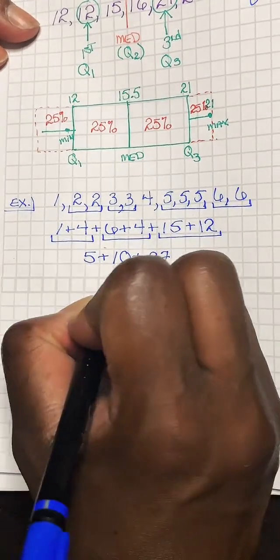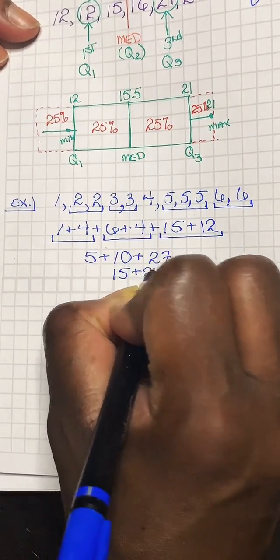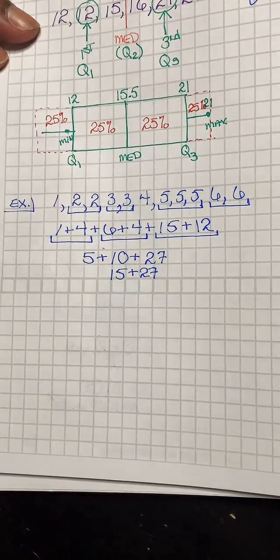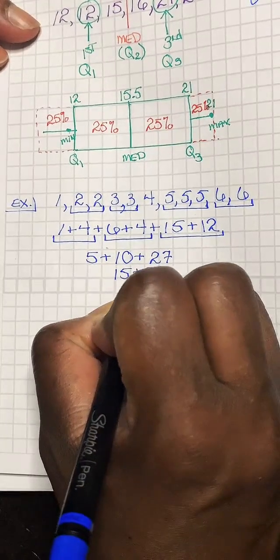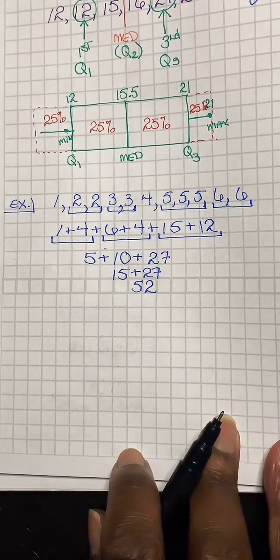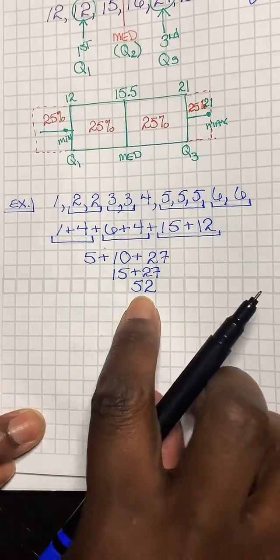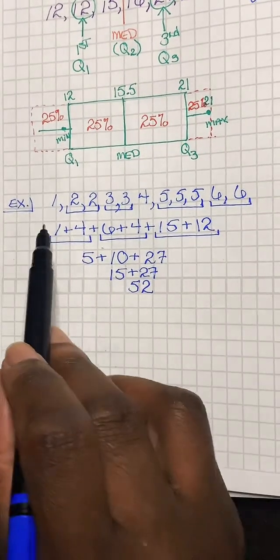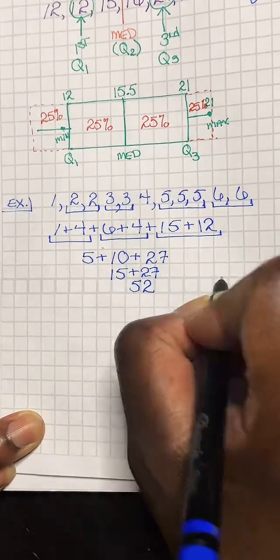So 5 and 10 gives me 15, plus 27. So 52. Okay. So now that we have 52, and we had 11 numbers, this is us finding the mean.